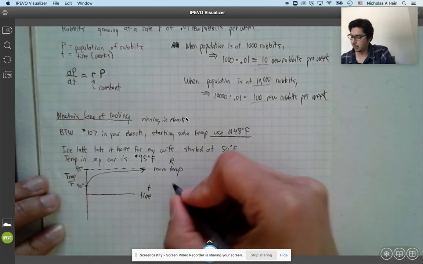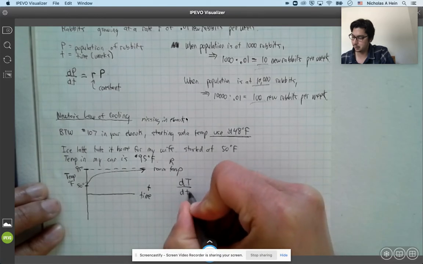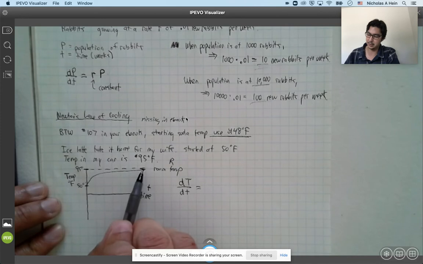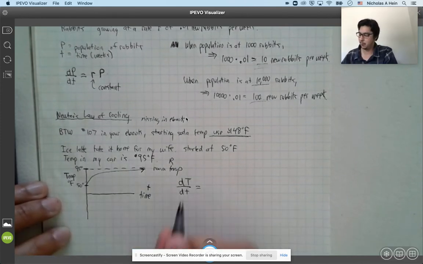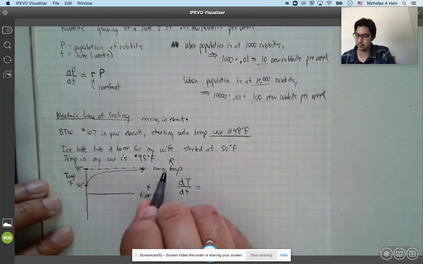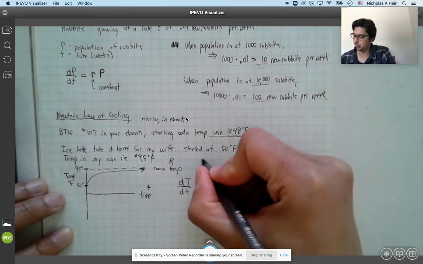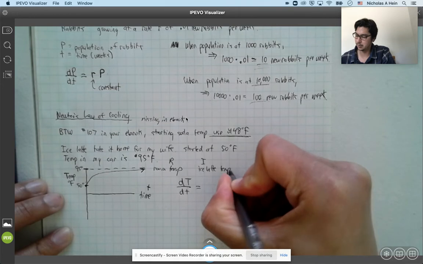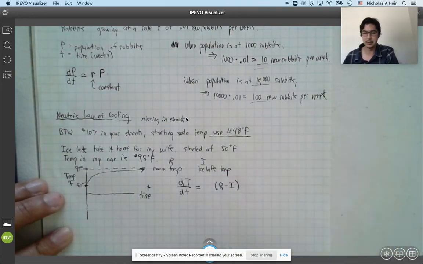So if we talk about the rate at which the temperature is changing in relation to time, you can see that it's changing along this time at every given moment, because again, the derivative is at a particular moment. Well, how is it changing? It's changing in relation to the difference between the room temp and my iced latte. We'll call I the iced latte temp. Well, it's changing in relation to R minus I.